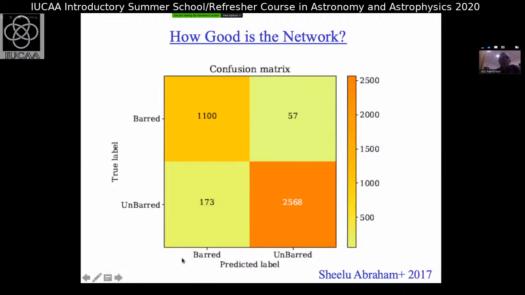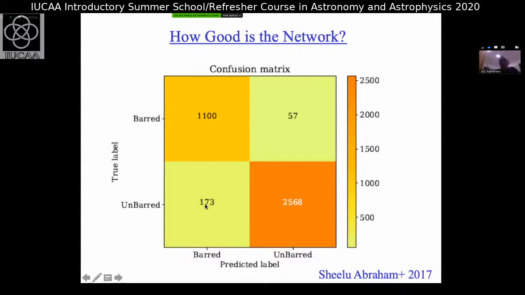It's a sort of bootstrapping that you do. Right. So here, what the confusion matrix does is that it gives you, on the x-axis, the label which is predicted by the deep learning network, and on the y-axis, the true label. So in the upper left-hand corner, matrix element 1,1, you will find that 1100 galaxies which were barred have actually been classified as barred.